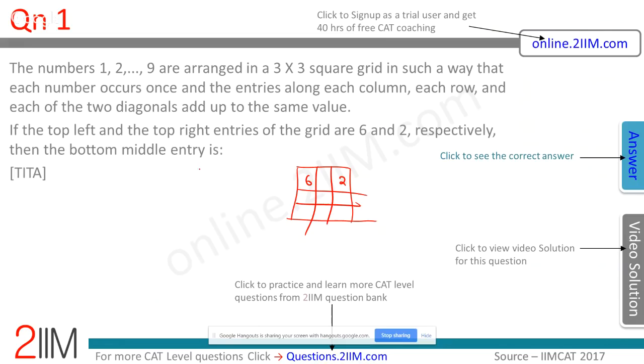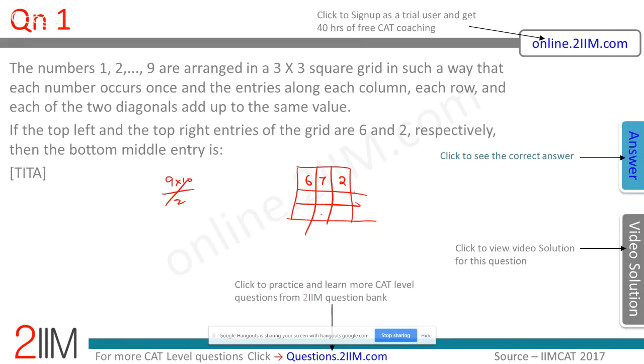Right, so first step 1 to 9, 9 into 10 by 2, the total is 45. So each row, each column should add up to 15. In the bottom middle entry, we need to find this. So 6 plus 2 is 8. This should be 7.